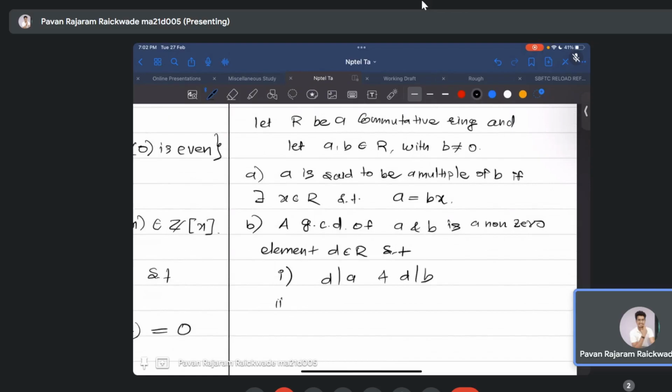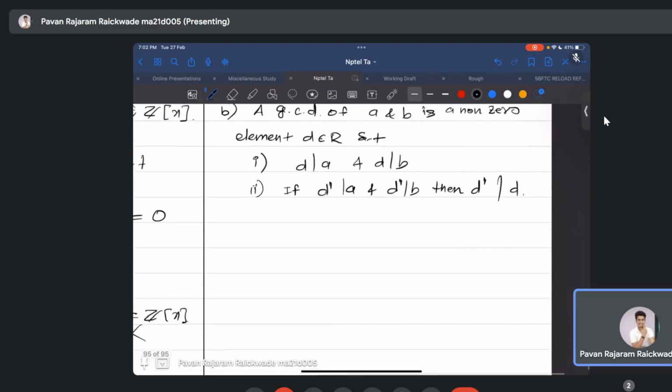And second thing, if d' is any element that divides a and b, then d' will divide d. So it is a divisor of both a and b, and it is greatest in the sense of division. You take any other divisor, that will divide d. This is the definition of greatest common divisor.